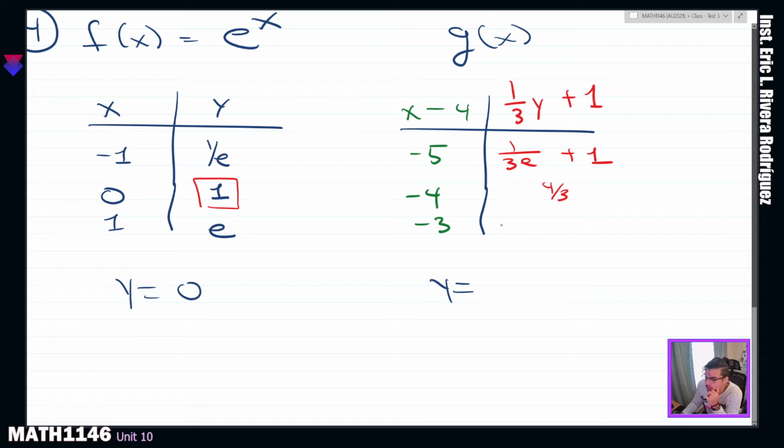Okay, let's see. So we take e, we multiply it by 1/3, sorry. So 1/3 times e plus 1, and this is the result. Again, these two are irrationals.